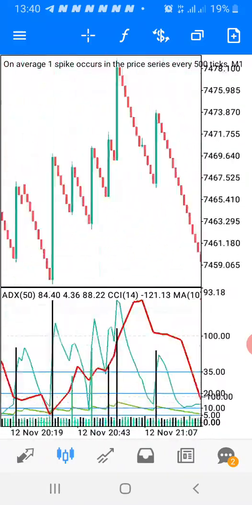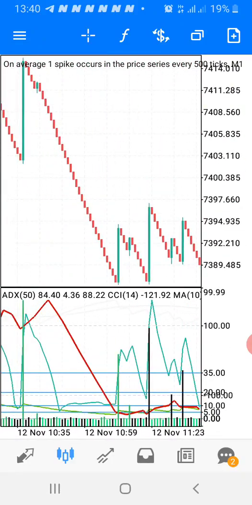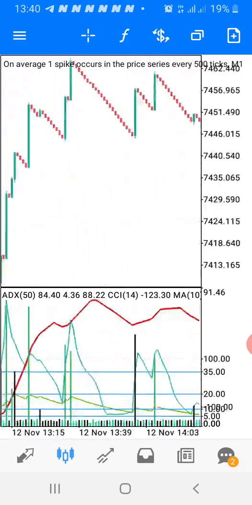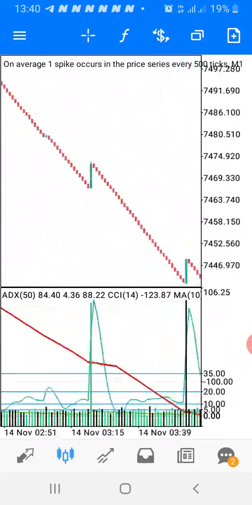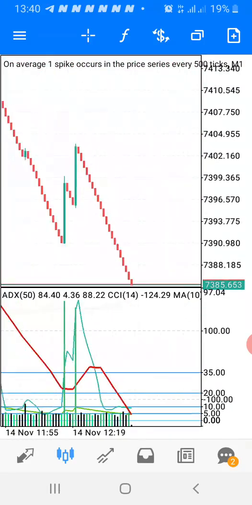To avoid risk, please don't sell boom 500. You sell only crash 500, and you buy boom 500. You buy boom, you sell crash. It is very risky to sell boom.